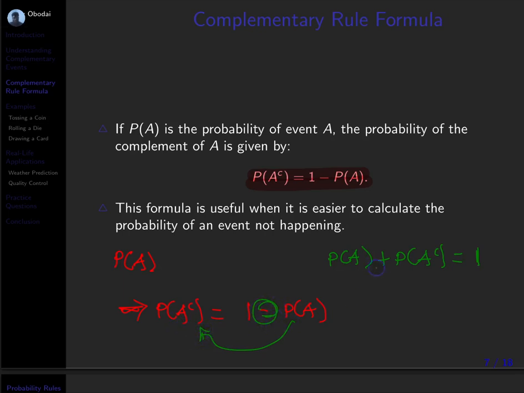Do you see? So hence we can also get this formula that the probability of A is also equal to 1 minus the probability of its complement. You see, so they both work hand in hand, right?